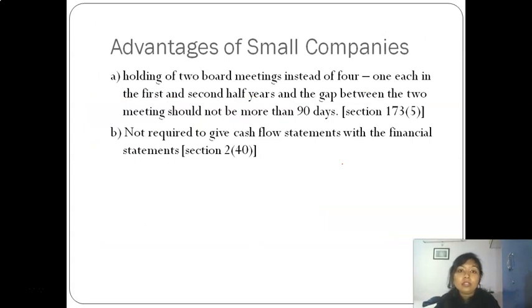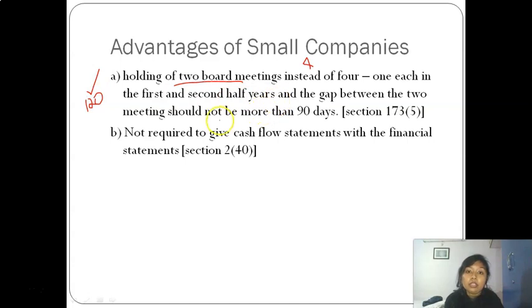Now, what are the advantages of a small company? First, you have to hold only 2 board meetings in a year. Otherwise, you need to conduct at least 4 board meetings in a year, and there should generally be a gap of 120 days between 2 board meetings.